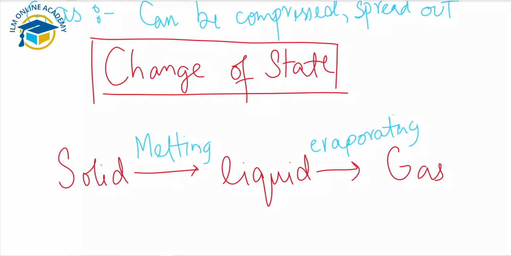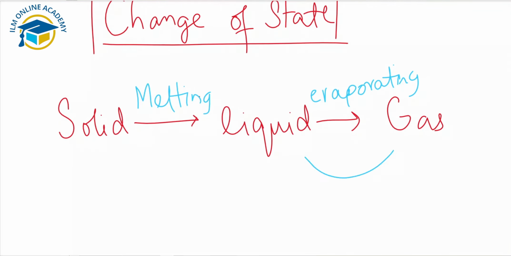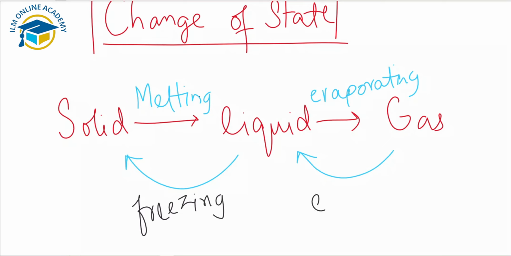And if we talk about the reverse, if the particles change from gas state towards the liquid, we call it condensation, and from liquid towards the solid, we call it freezing. So this one is freezing, and from gas towards the liquid, we call it condensation.